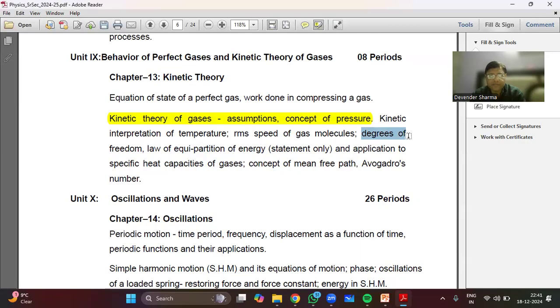Then degrees of freedom, and from that we'll be calculating the values of Cp and Cv and, of course, gamma, the ratio of specific heats. And of course, last but not the least, mean free path.